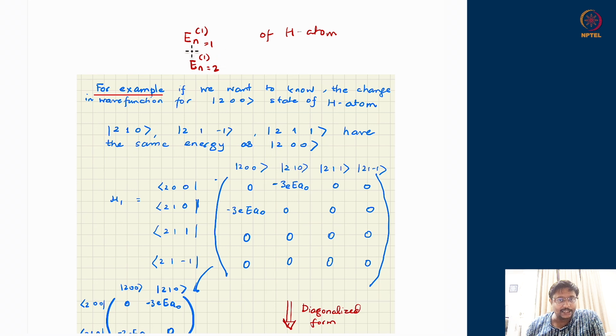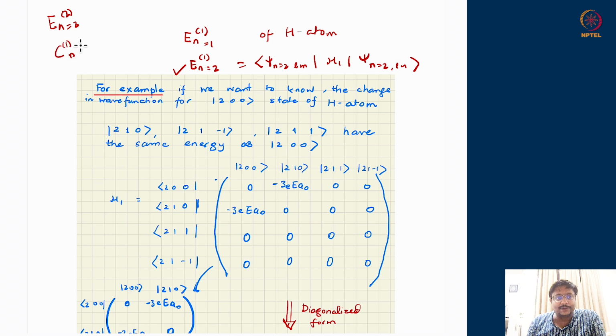But here again, you can compute things from the formula which we had learned, n equal to 2, and then you have to tell which LMs you are talking about. This will be the first order correction. But if I want to know the second order correction to n equal to 2, or if I want to know what is the first order correction to the wave function.